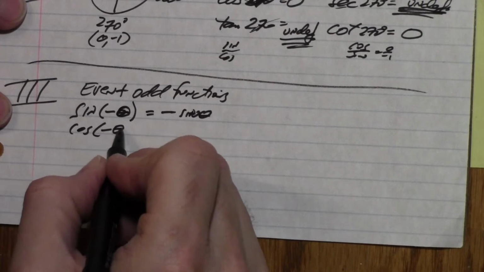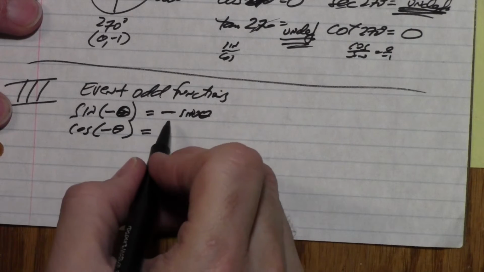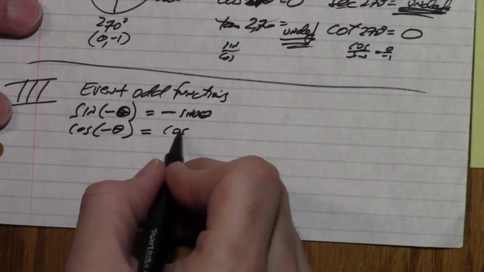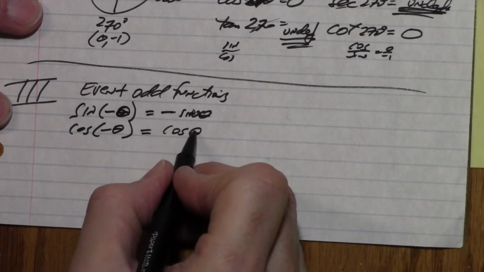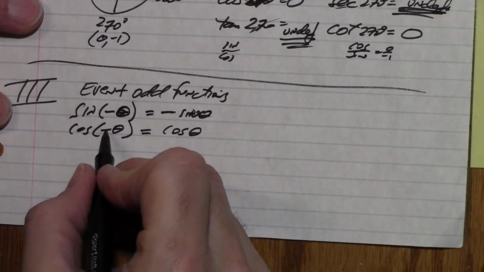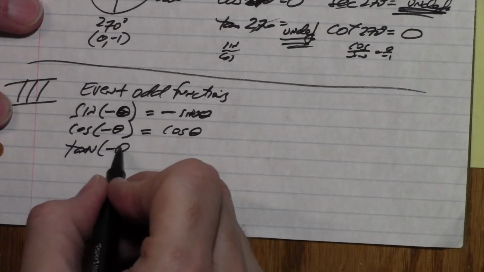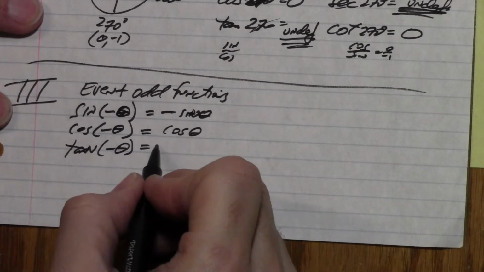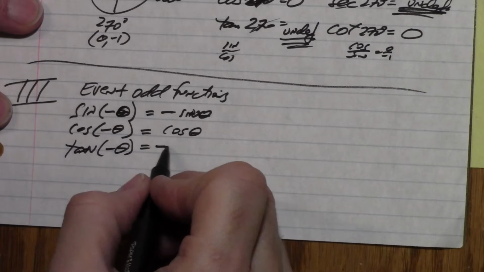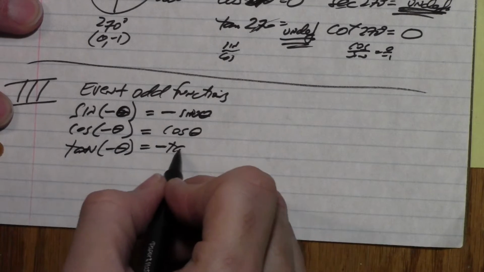For cosine, negative theta doesn't change at all. You end up with the same cosine of the original angle instead of the negative of the angle. Well, it is the same. The tangent of negative of the angle is like the sine. It's negative in front, like that negative goes in front.